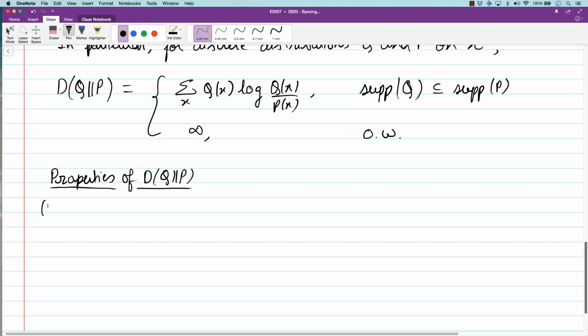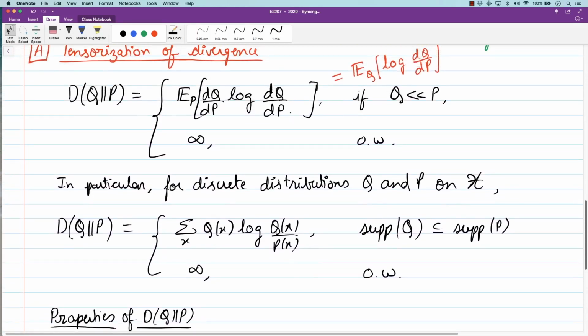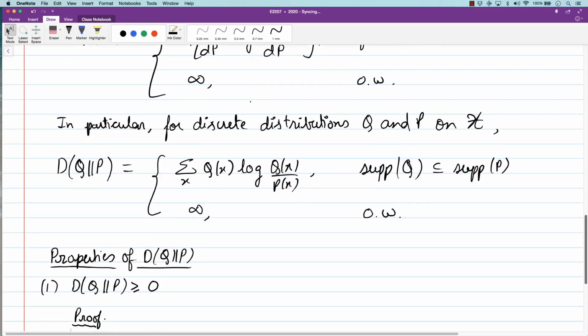So the first property is that it is non-negative. How do we show that? We'll use Jensen's inequality for this. For the discrete case, you can perhaps show it easily. Actually, it can always be shown easily.